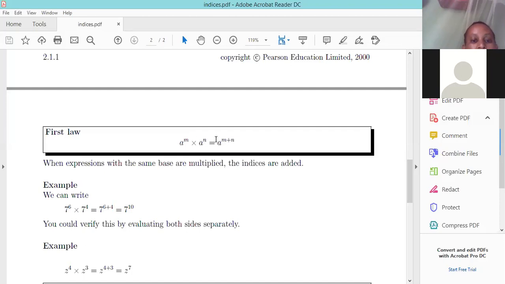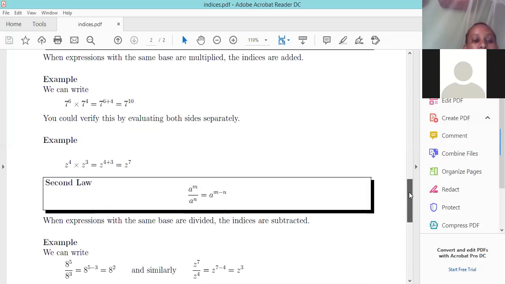What we are going to have is to maintain the same base, and then we actually add the powers. For example, when we have the base of 7 raised to the power of, say, 6, multiplied by the same base raised to the power, let's say 4 here, what you're supposed to do is to just sum over the powers. But remember, before you sum over the powers, you must consider that those particular bases are the same.